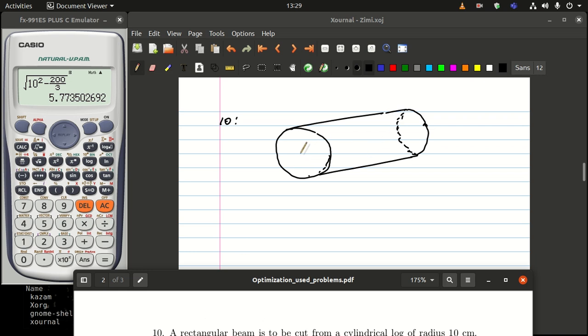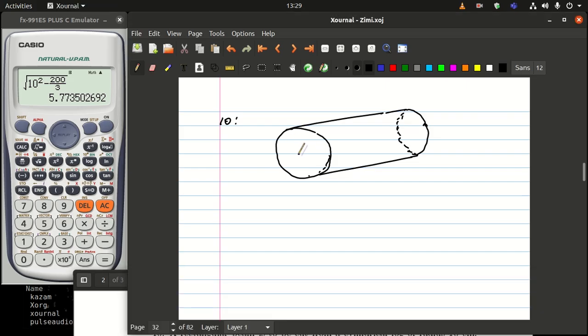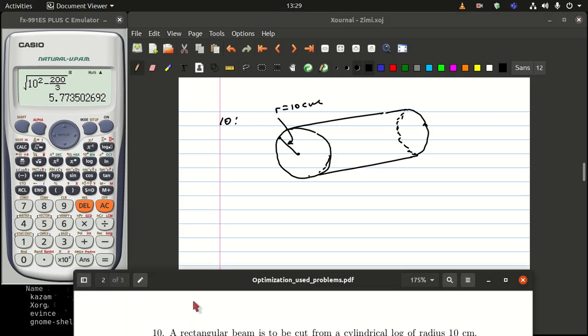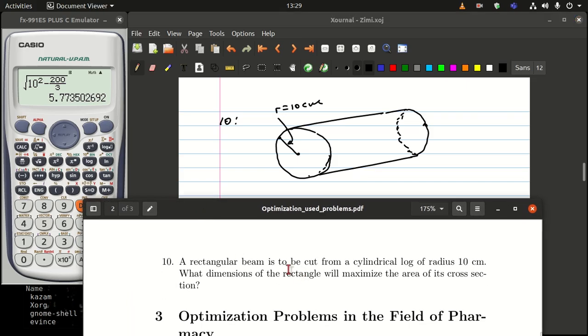So from this point to that point there, this is our radius. So this radius here is r, and it is equal to 10 centimeters.